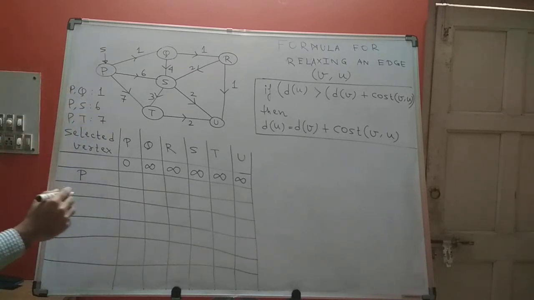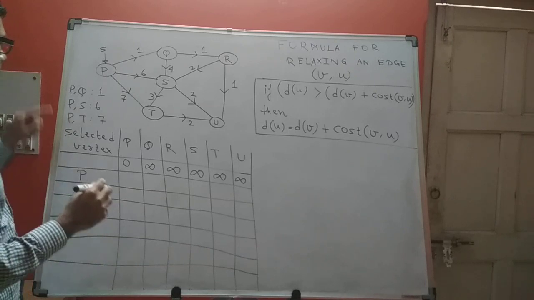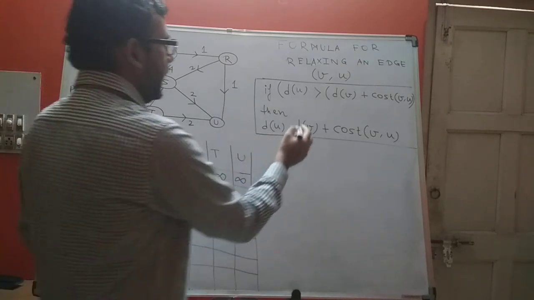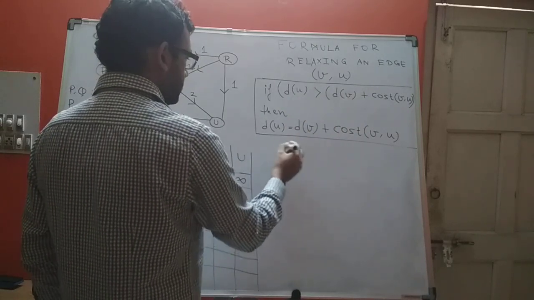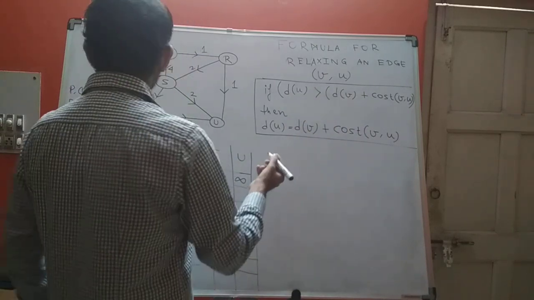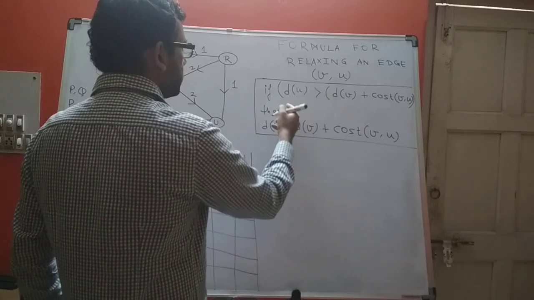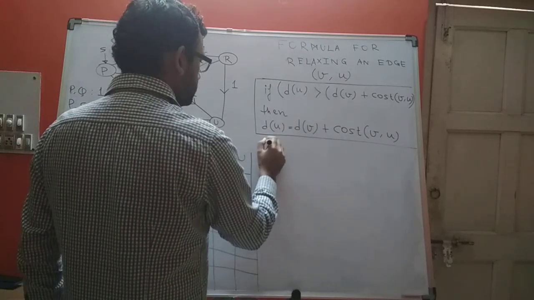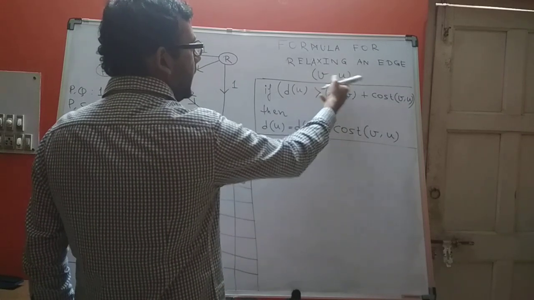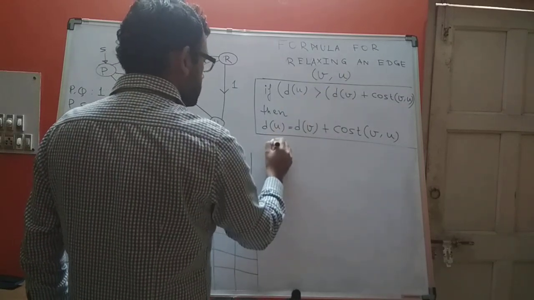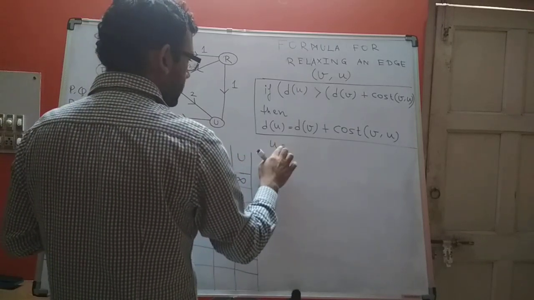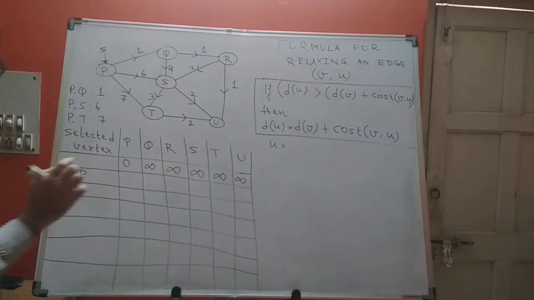Let's start with PQ. So I'm trying to relax this edge PQ. So what will I do? I'll use this formula for relaxation. I'll see whether the relaxation is possible or not through this condition. Let me write it down for you.